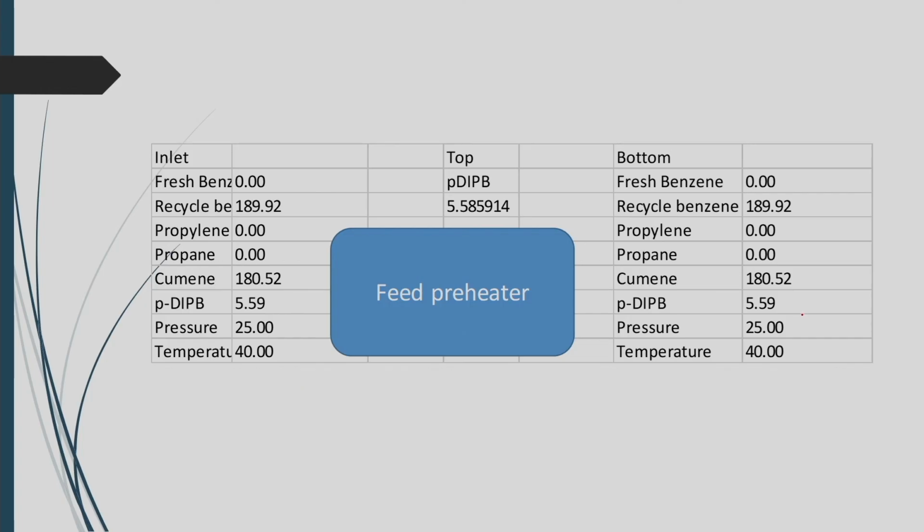But from the top, PIDP will be coming out, because this PIDP will be used for heating the outlet of that separator.